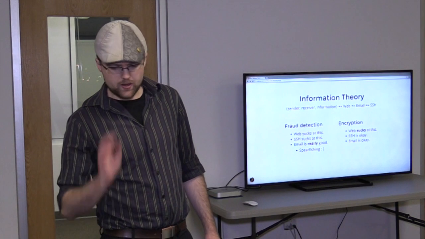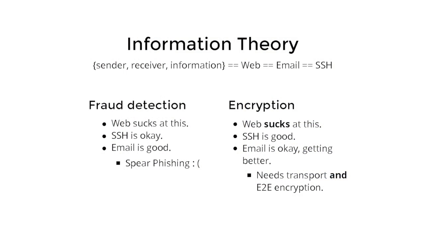What's interesting about this problem is that from an information theoretic standpoint, we've seen this play out multiple times. You have a sender, you have a receiver, and you have information. This is true of the web, this is true of email, and this is true of SSH. If you look at these slides, I'm actually using JavaScript equals, not regular equals. So you get this same interaction happening at all sides.